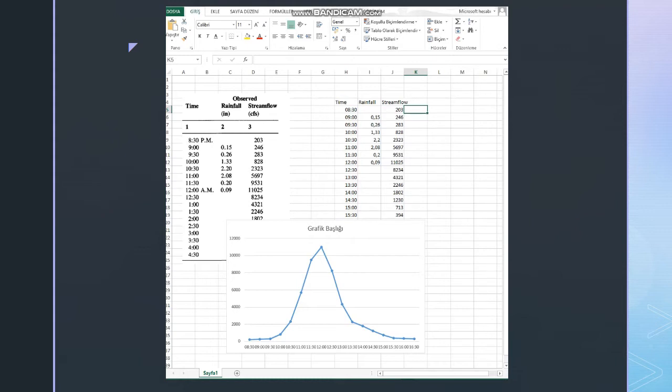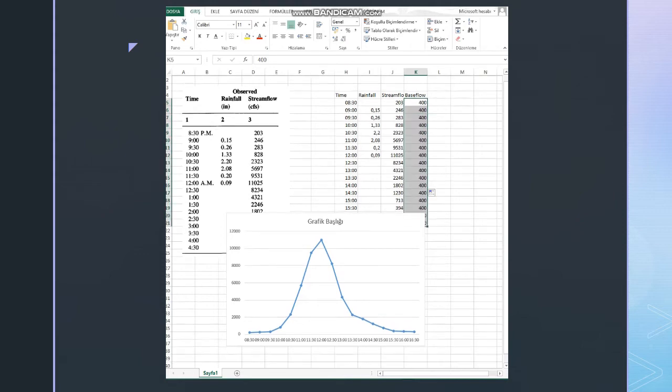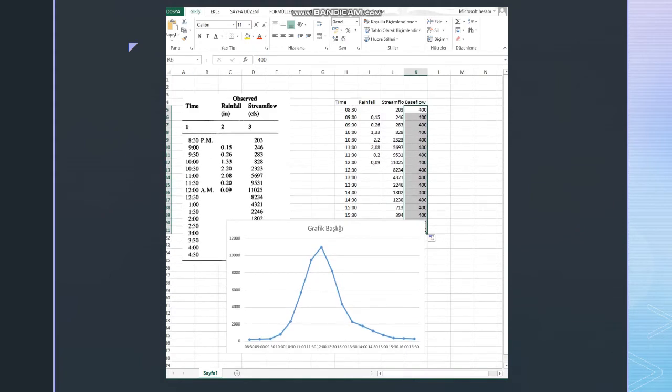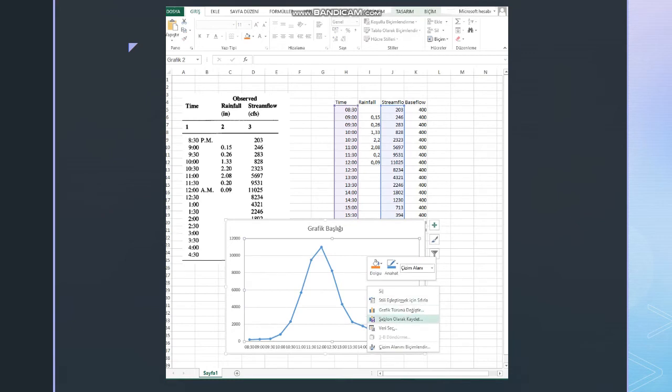In the book it is also given as 400 cubic feet per second. Let's say this is the base flow, and either you can put 394 or 400. Say 400.